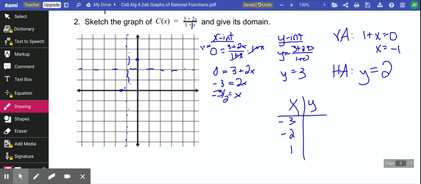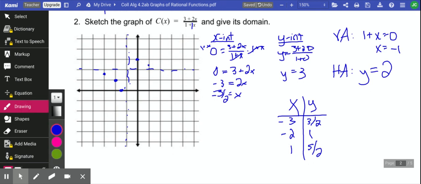So if I plug in -3, I get 3/2. If I plug in -2, I get 1, and if I plug in 1, I get 5/2. So if I graph these, -3, 1.5, -2, 1. Remember that point's there. And then 1, 5/2.